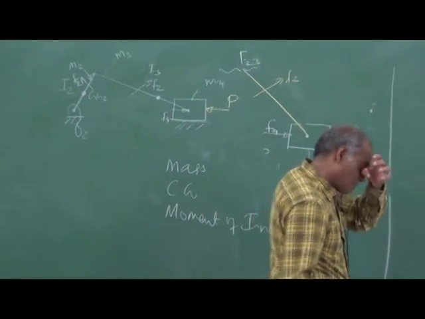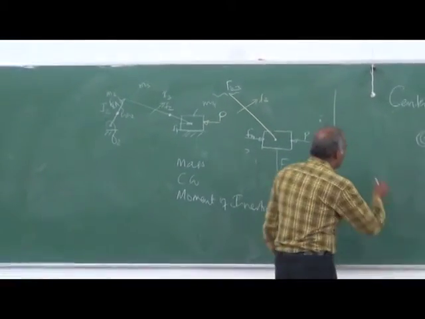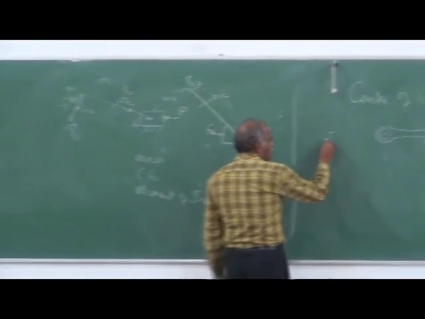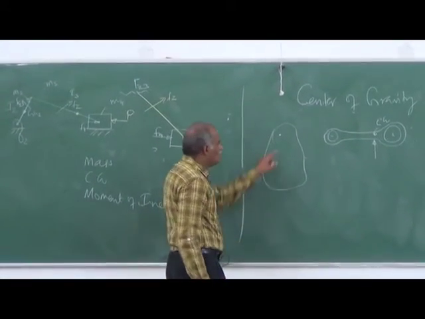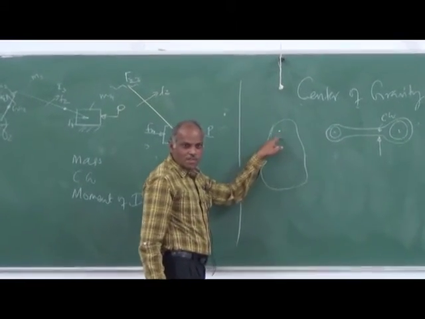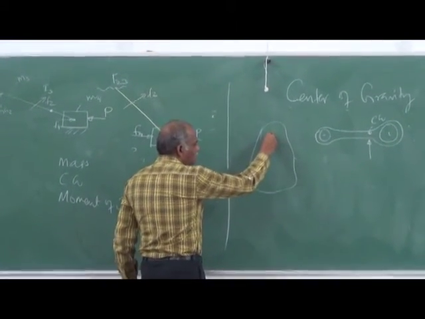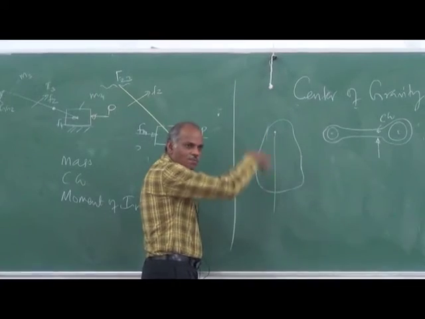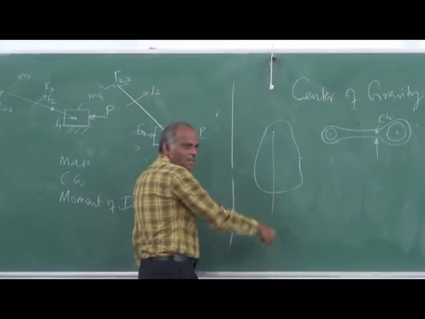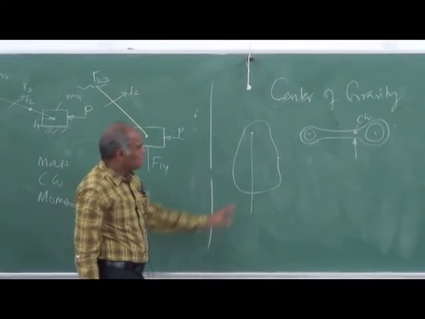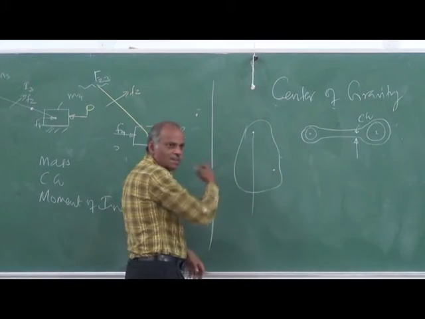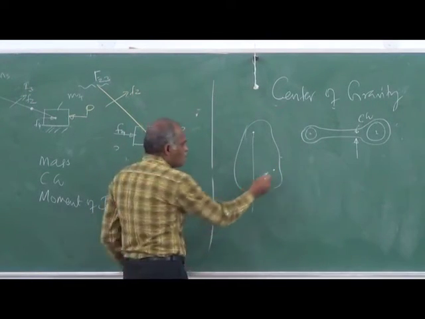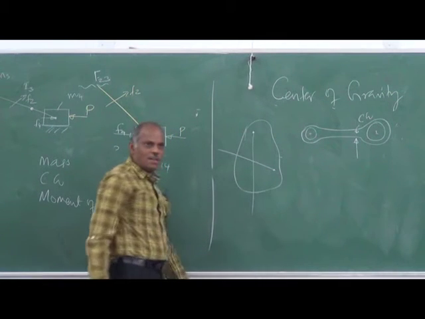Otherwise, you can suspend it. If it is an irregular object like this, suspend it like this and draw the vertical line, because the CG will be along the vertical line. Then you rotate it and suspend it at some other point, and draw a vertical line.